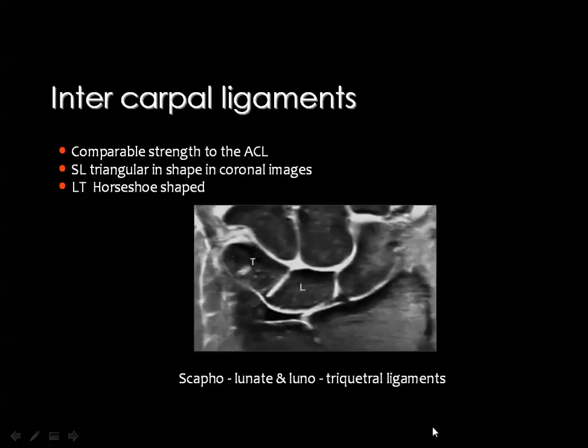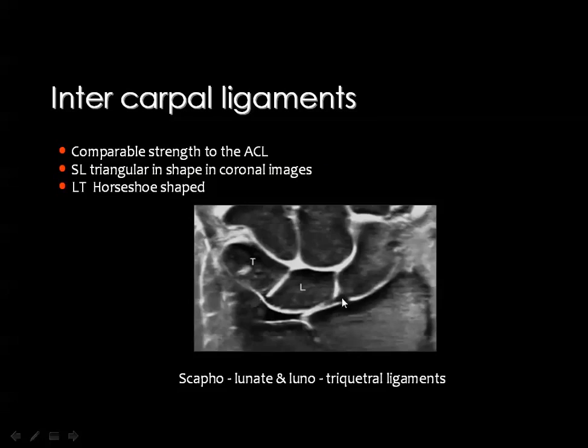If you look carefully here, this is the radius and this is the ulna. Then this is the scaphoid, this is the lunate, and this is the triquetrum. Between the scaphoid and lunate, there is an important ligament which is known as the scapholunate ligament.